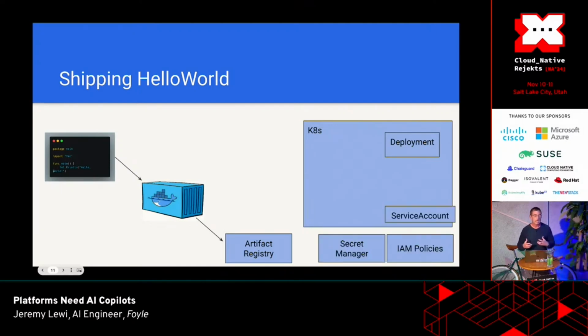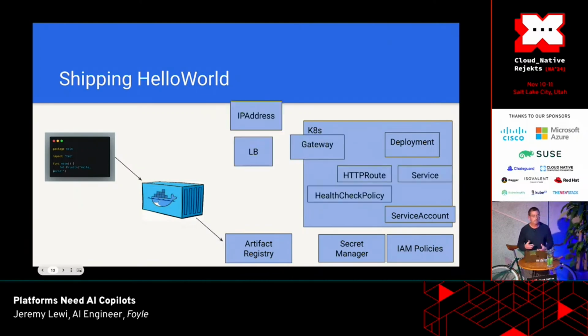Since I needed an OpenAI API key, I had to put this into Google Cloud Secret Manager. I then had to create appropriate IAM policies and workload binding in order to give the deployment pod access to this secret. And then to actually expose this to the world, I had to create all these networking resources.